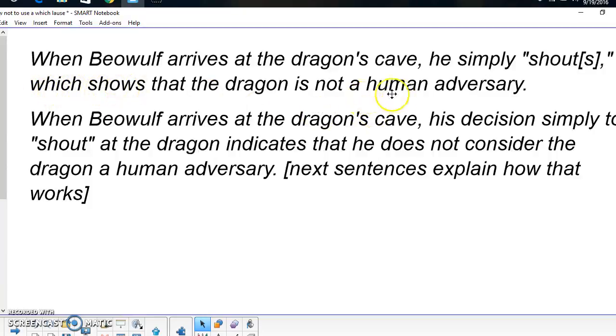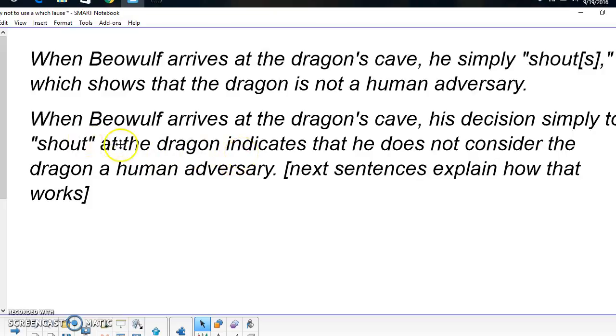But we do want to get to this idea of human adversary, not a human adversary. That's a really good idea. We just have to get at it from some other way than using which shows. So I can keep the sentence the same at the beginning if I want, but if I change my subject from a person to another noun like decision, I can still keep my quotation, and then I can use a much better verb.